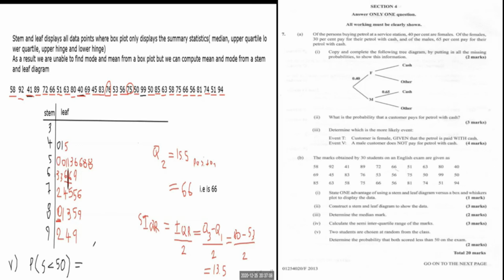There are 3 students that scored less than 50. The probability that the score is less than 50 is 3 out of 50.